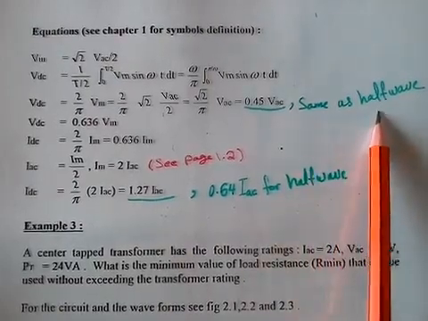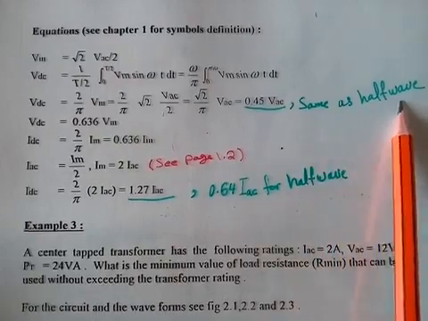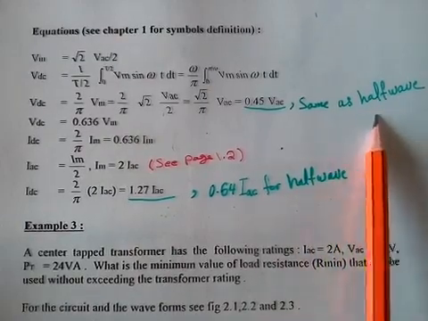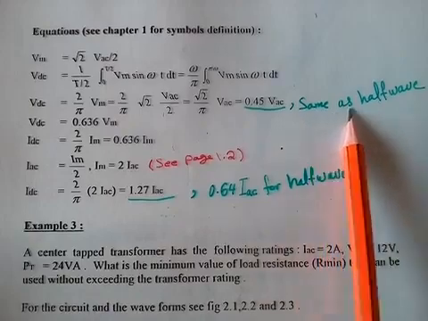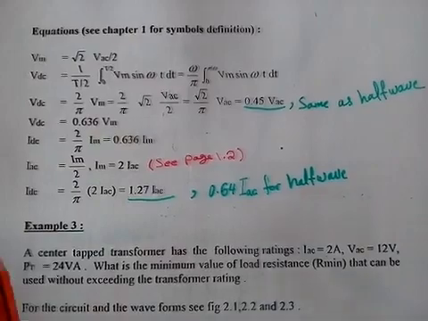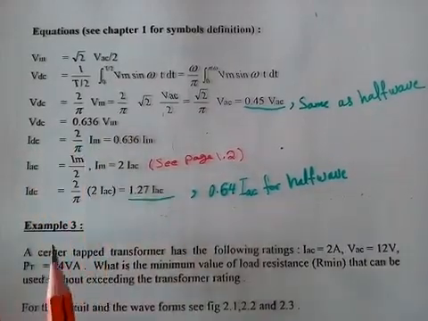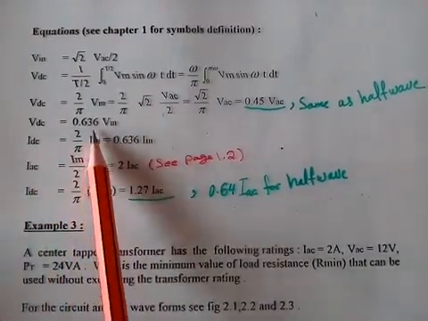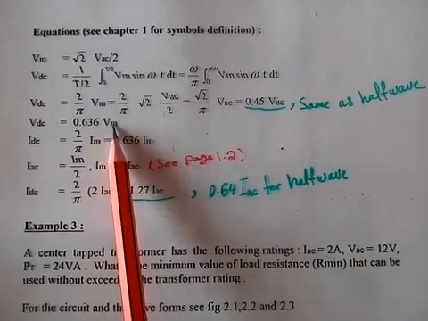And that's equal to the same value that we had before in our first lecture for the half-wave rectifier, the same value of DC. And VDC also would equal 0.64 of the maximum voltage.